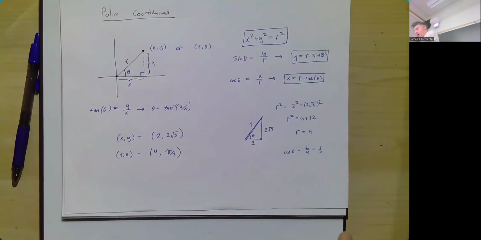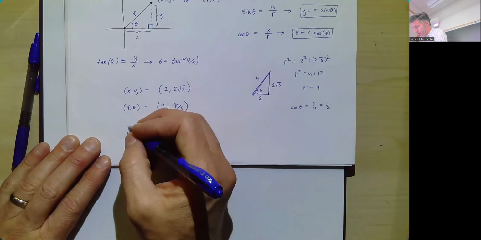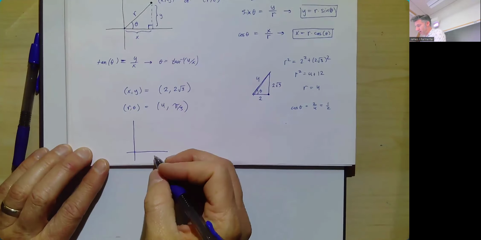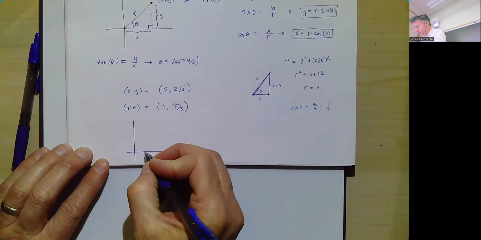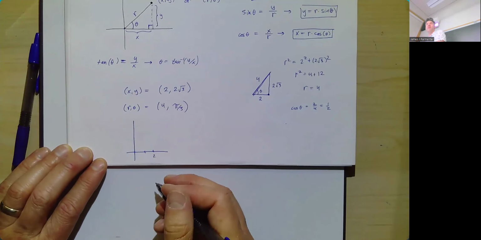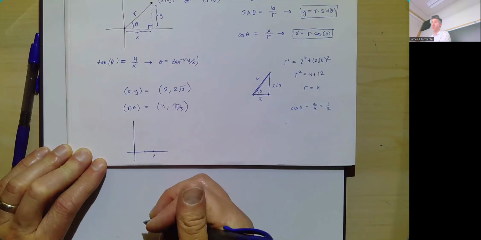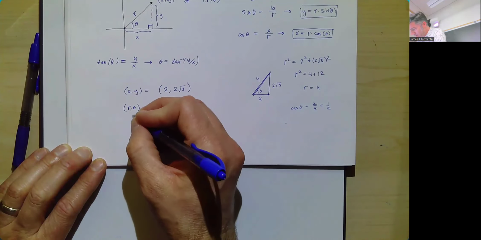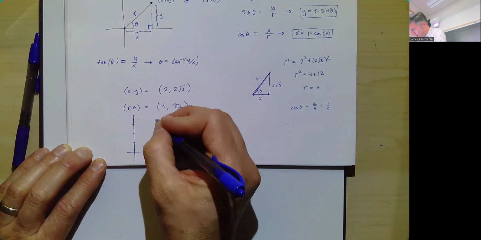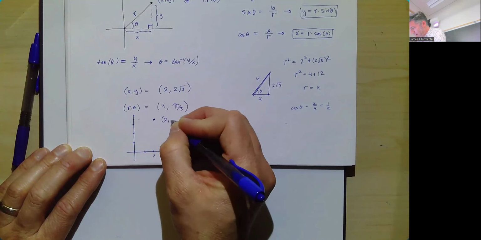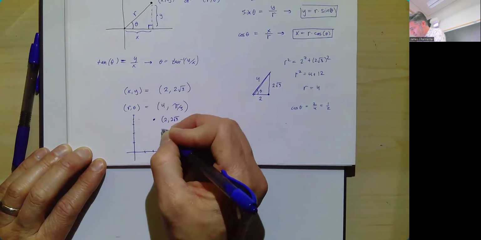So for this point I'm describing, you can either go over 2 and up 2√3. √3 is about 1.7, 2 times that is about 3.4. About right there. So there's my over 2 and up 2√3.